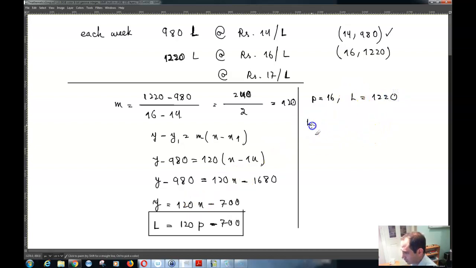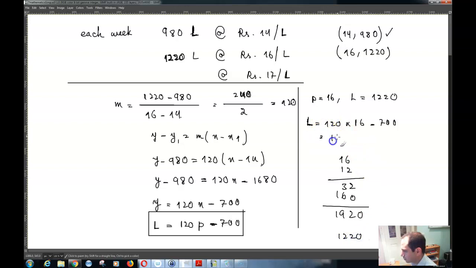So L is equal to 120 times 16 minus 700, which is equal to 1920, and if you subtract 700 from this, you'll get 1220, which is basically the right answer.